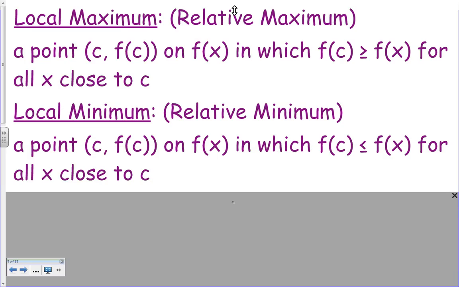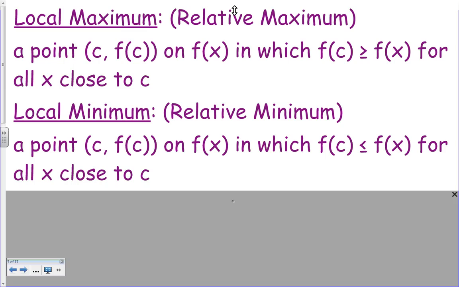The next two terms here for us are local maximum and local minimum, sometimes called relative maximum and relative minimum. We'll use the term local to describe these, but you should be familiar with the term relative, meaning the same thing. But a local maximum is a point c, f of c, on function f of x in which f of c is greater than or equal to f of x for all x close to c.